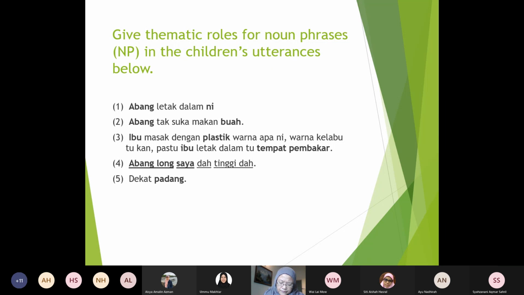Abang tak suka makan buah. Abang is the agent. Buah is, I guess, an instrument or... Faham tak maksud dia?